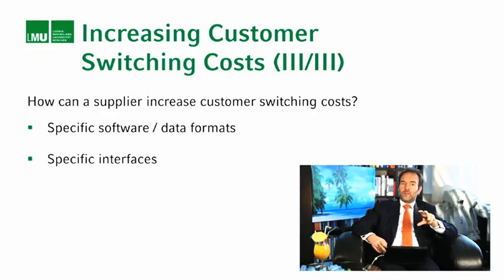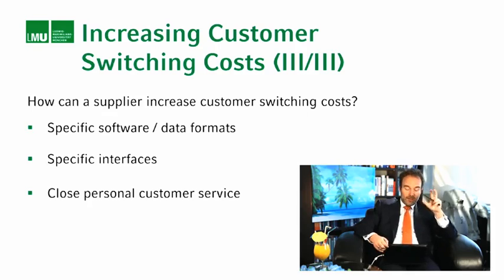Building specific interfaces gives a consumer a touch and feel of working with a particular program, with a particular system, with a particular product. If switching means leaving the specific interface, it's something that the consumer has to relearn, which will take him time and effort, and that might put him off switching altogether.